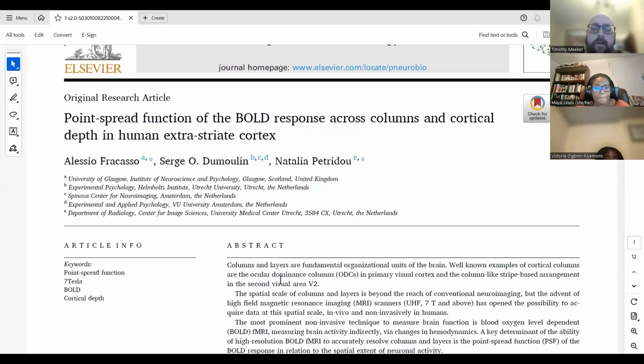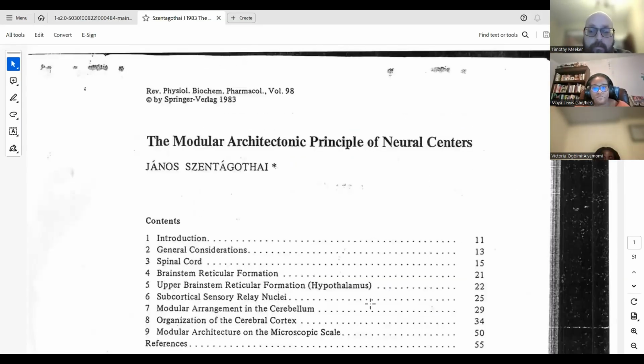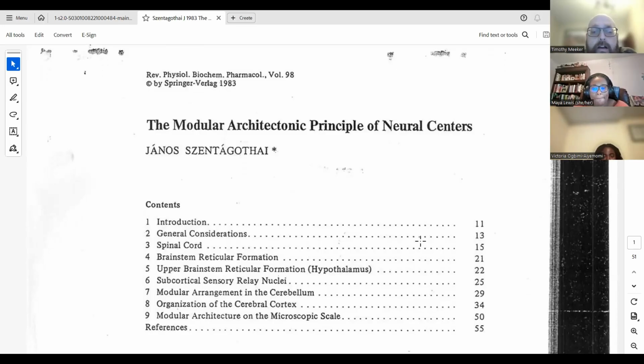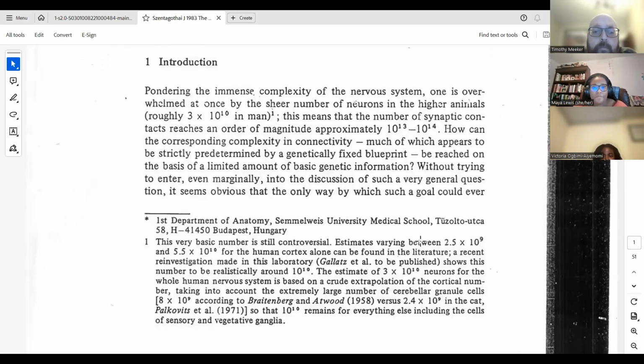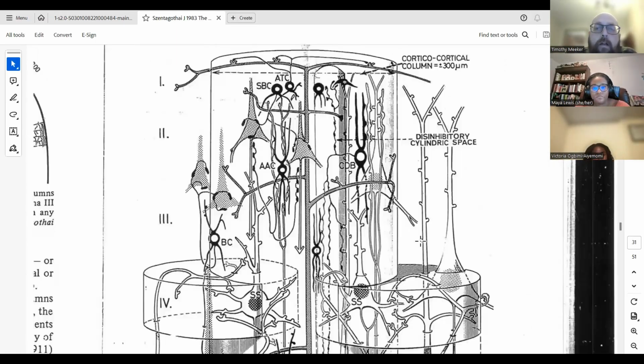Do you guys know what cortical columns are? This is one of my favorite papers. So János Szentágothai was a Hungarian neuroanatomist, right?